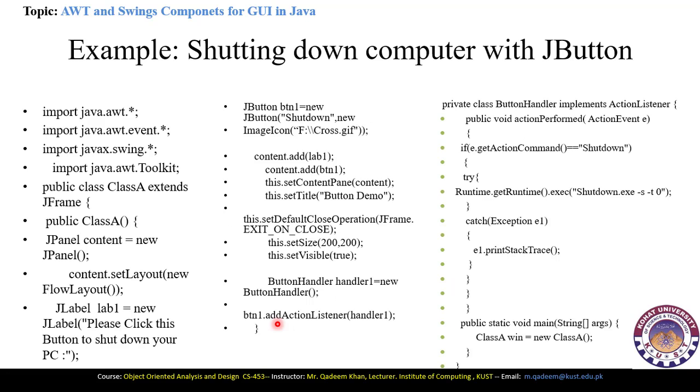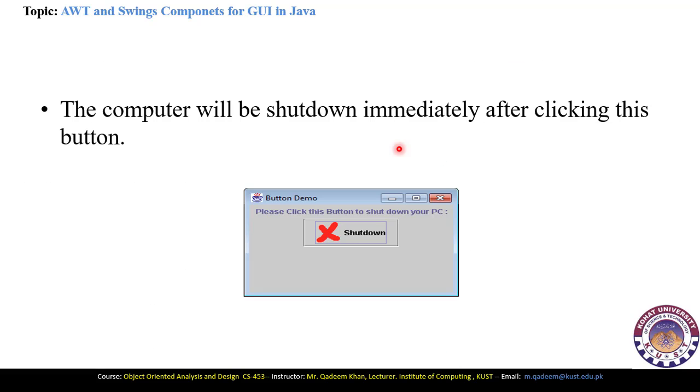Now here we will demonstrate an example of the button controls. This example shuts down the computer with the JButton. Before explaining this example, I want to show you the output. This is the output when you compile and run the code provided in the previous slides.